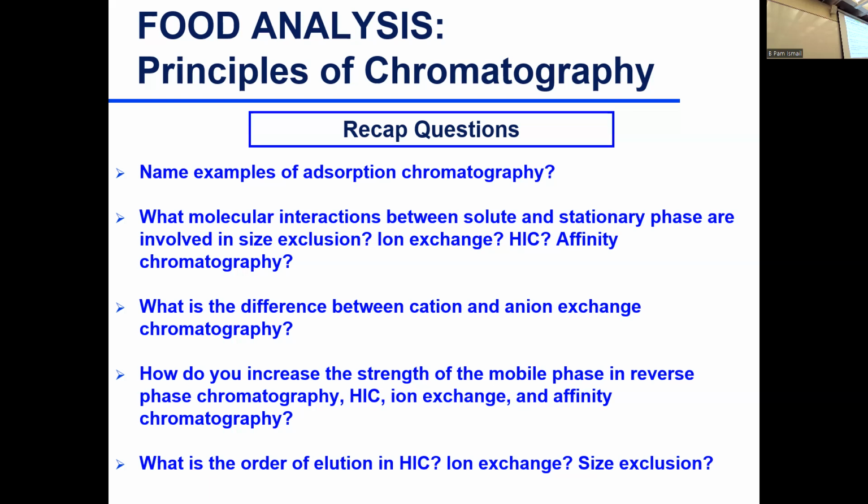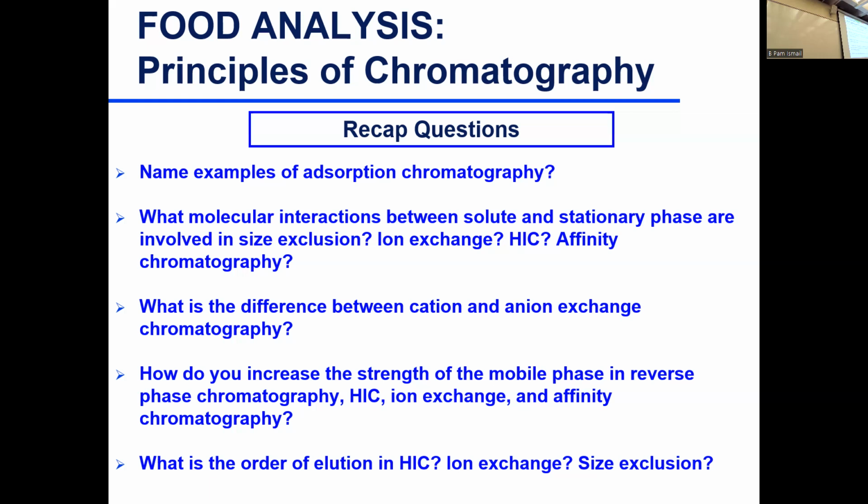In affinity chromatography, it can be any form of molecular interactions. It can be a combination of hydrophobic, electrostatic, van der Waals interactions, hydrogen bonding. So anything non-covalent, but a very specific interaction between a compound and a ligand on the stationary phase.